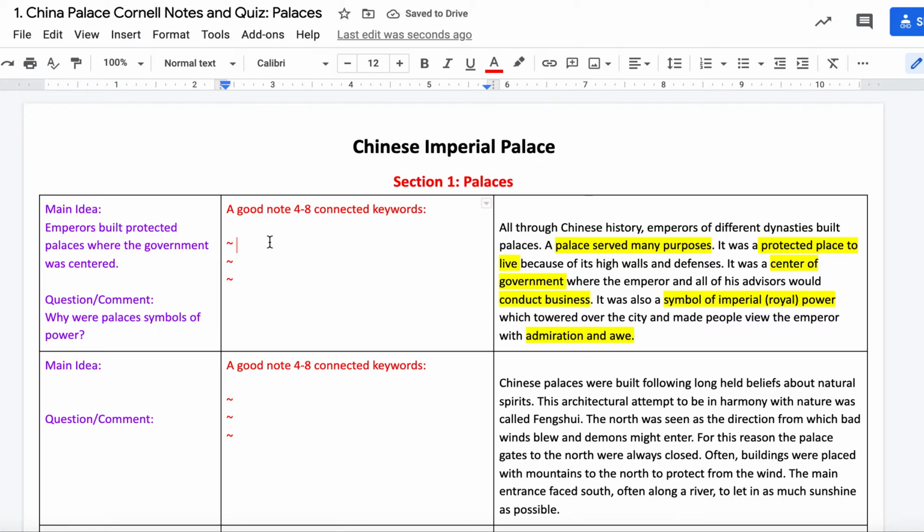So first thing is, they were a protected place to live, okay? And the reason that they were a protected place to live is that they had high walls, okay, and defenses. The next purpose that it had is that it was a center of government.